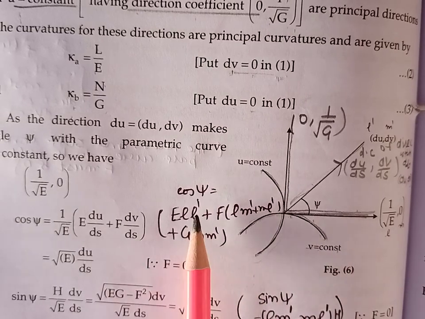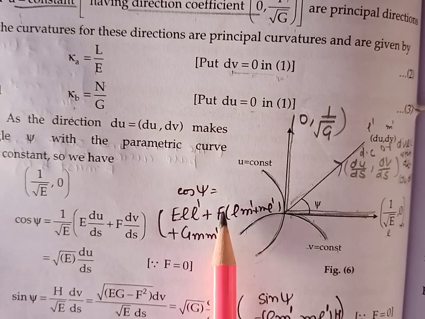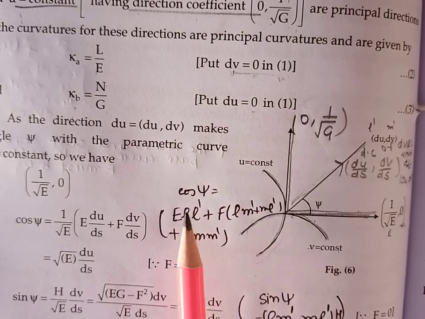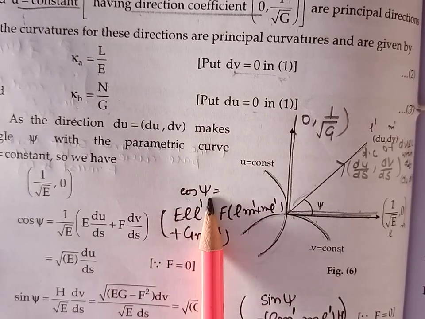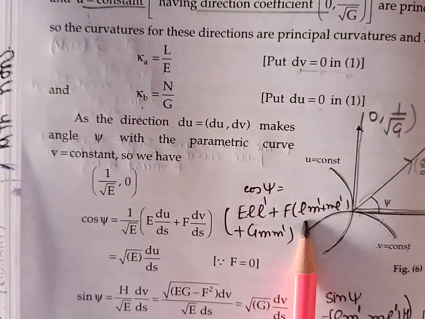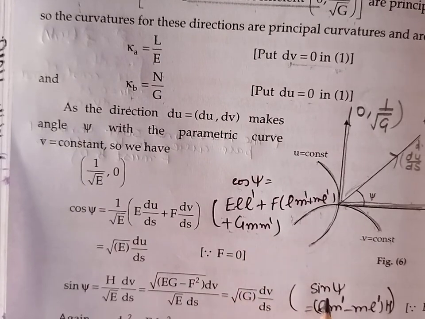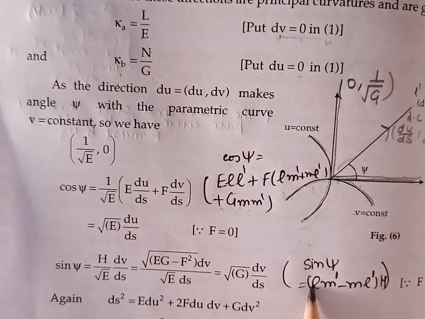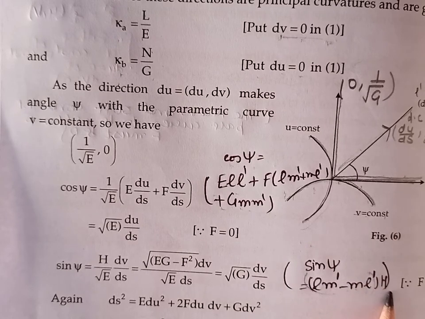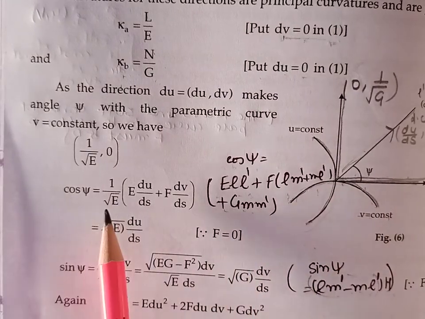Now, as we already discussed in chapter 4, if we have two principal directions l, m and l dash, m dash with the direction coefficients, then cos of the angle between the directions is given by E into l l dash plus F into l m dash plus m l dash plus G m m dash, and sin psi is given by l m dash minus m l dash into H. Now we use these two formulas to find cos psi and sin psi.